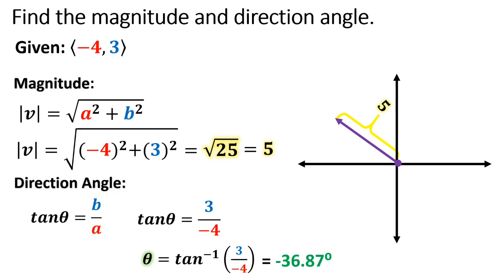-36.87. Let's go ahead and graph angle -36.87. Rotating clockwise 36.87 degrees, we would have this angle here. The period of tangent is pi.